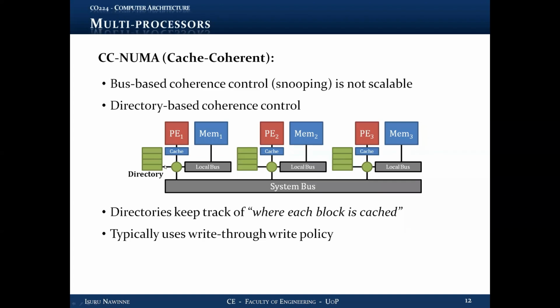But the information is updated and received through directories. With this, the system bus is going to have more traffic now, trying to access directories to look at directory information. Typically, these directory-based coherence control systems use a write-through write policy. Write back is not practical for these large-scale systems.